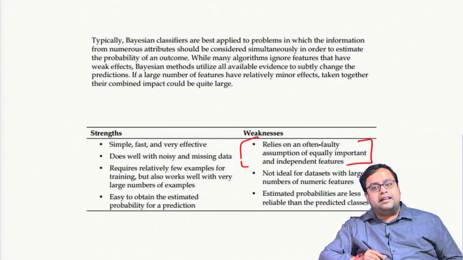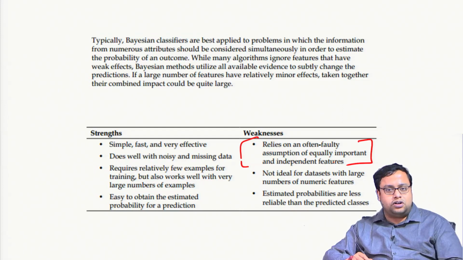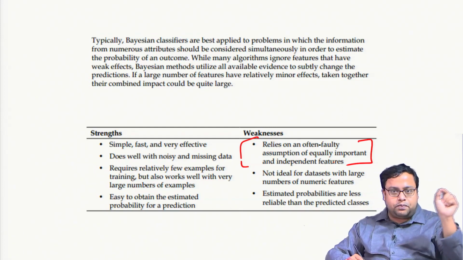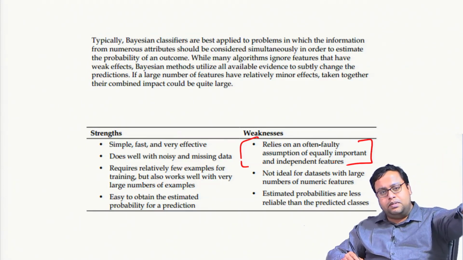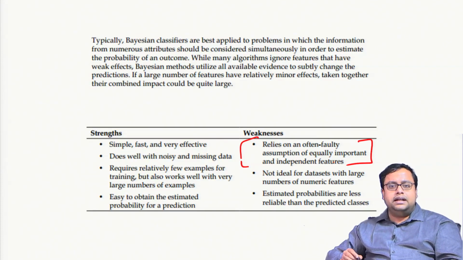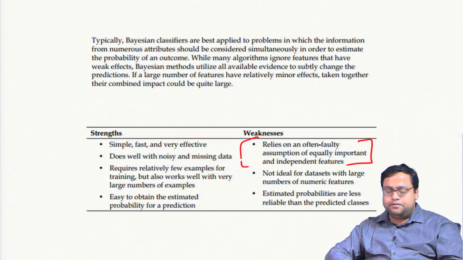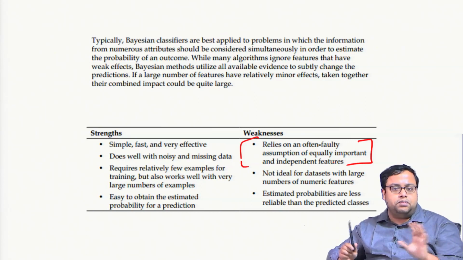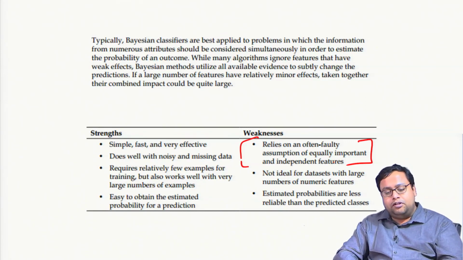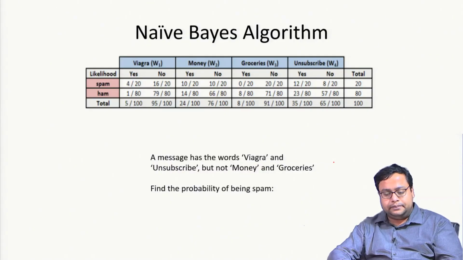If you want to do, let us say, credit scoring to find out the probability of somebody defaulting or not, it will not do a good job. But if you try to find out whether it will be a spam or a ham, a classification problem instead of a probability as an outcome, then it will do a good job. So, that is the weakness of this particular thing.